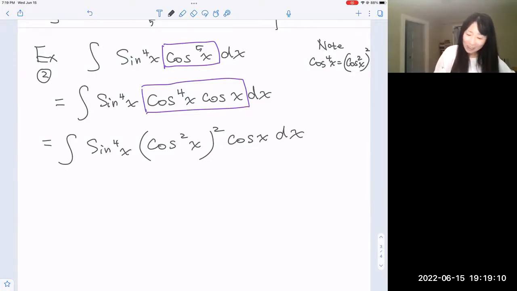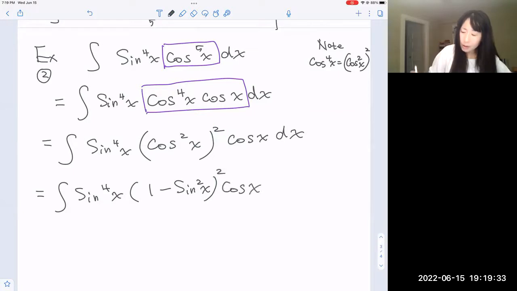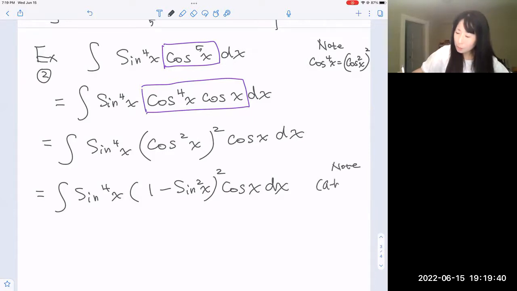Then now we're going to use the Pythagorean identity for this one. So this will be 1 minus sine squared x, but don't forget we have a square, the power, so we have that, and cosine x dx. Then I will use (a minus b) squared, which is a squared minus 2ab plus b squared.